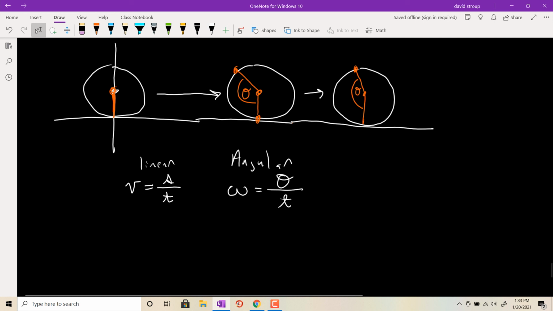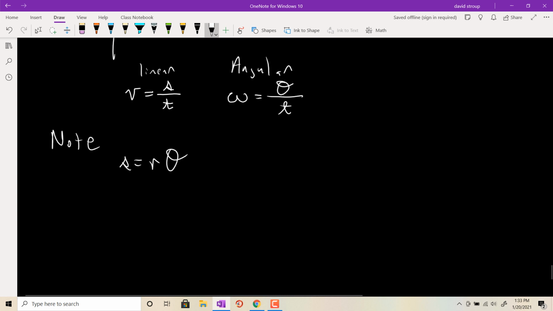You can connect these two things together by doing a substitution with our standing room only formula, S equals R theta. We can take the linear equation, v equals S over T, and replace the S with R theta.